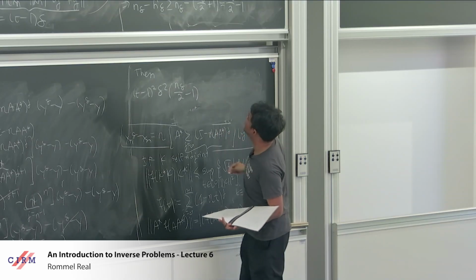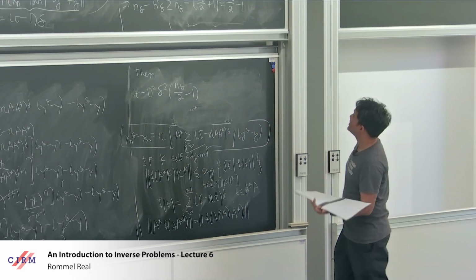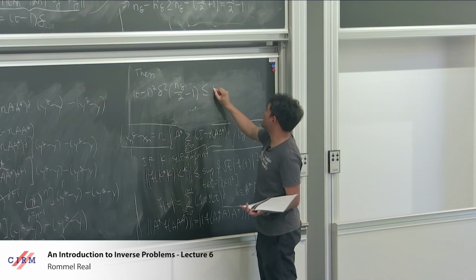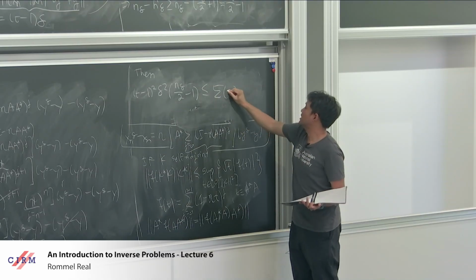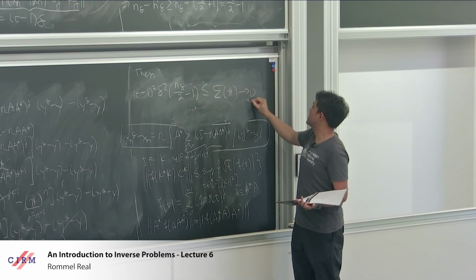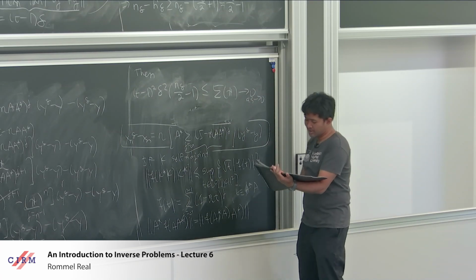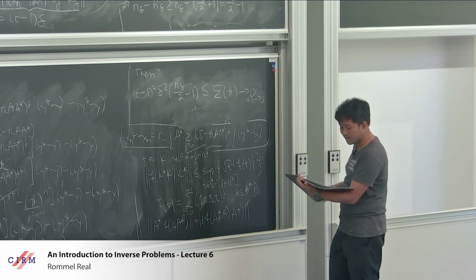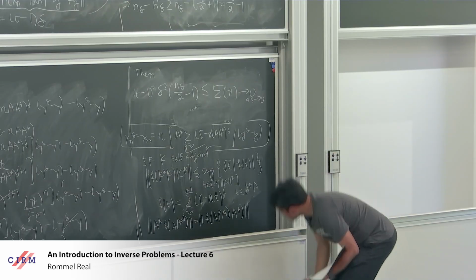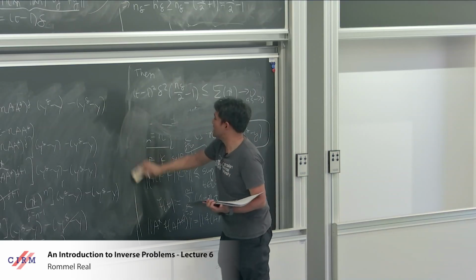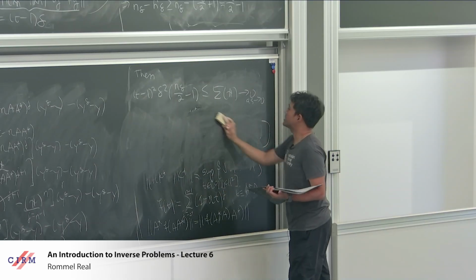Minus 1. This one is less than or equal to that same summation, which goes to 0 as delta goes to 0. Or in other words, but before that, we can also write it in a much clearer way.